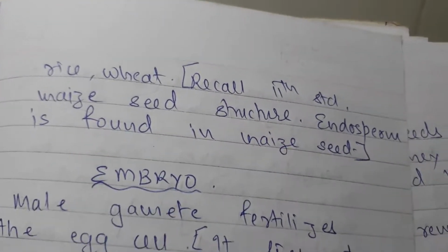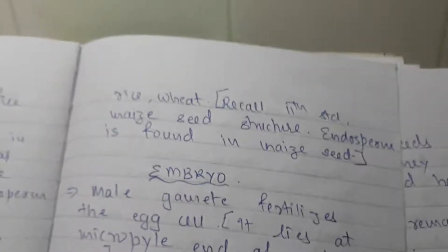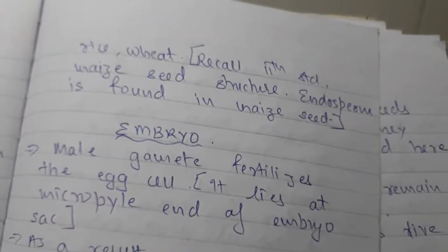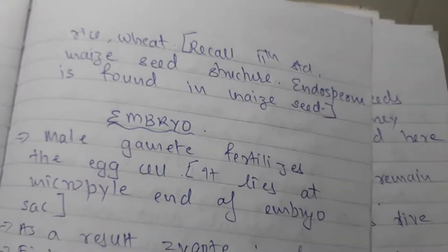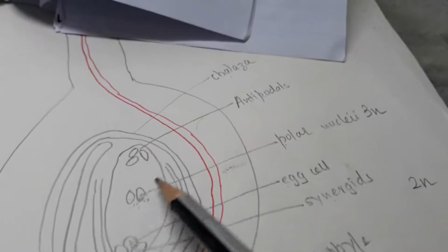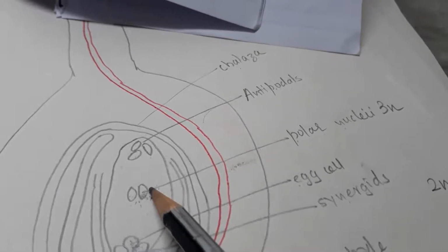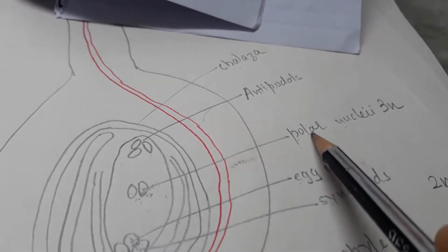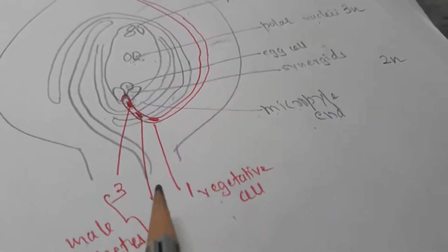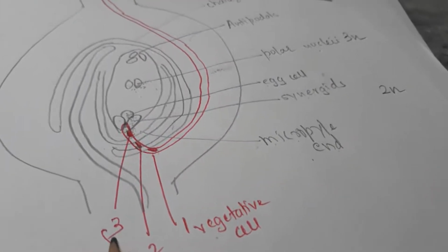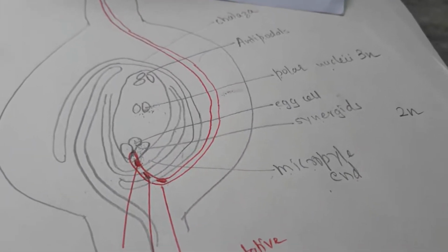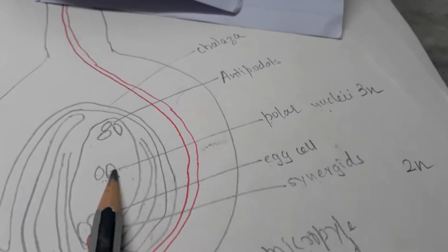Endosperm is found in the maize seed, and in all the monocots. We had done that. Correct? So after double fertilization has taken place, endosperm is made by the fusion of polar nuclei and one male gamete. So this structure we have seen, formation of endosperm.